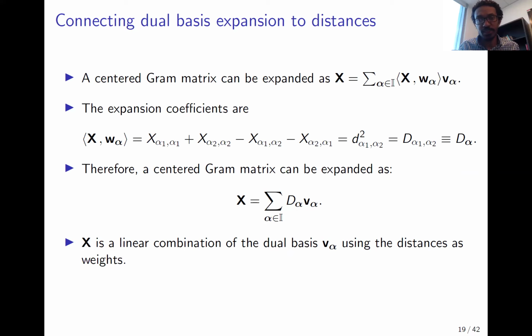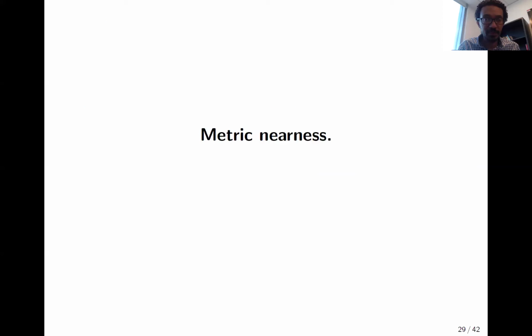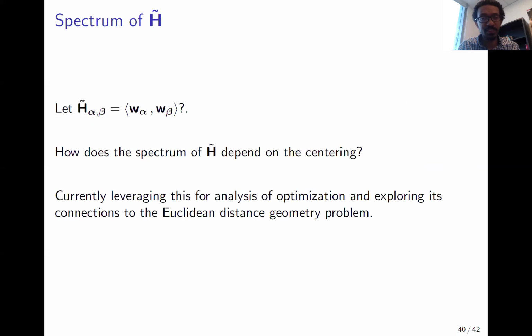But that doesn't seem to be the case, because the W alphas, V alphas and the spectrum do change. So any theoretical guarantees for the optimization algorithm hinge on what H tilde is.